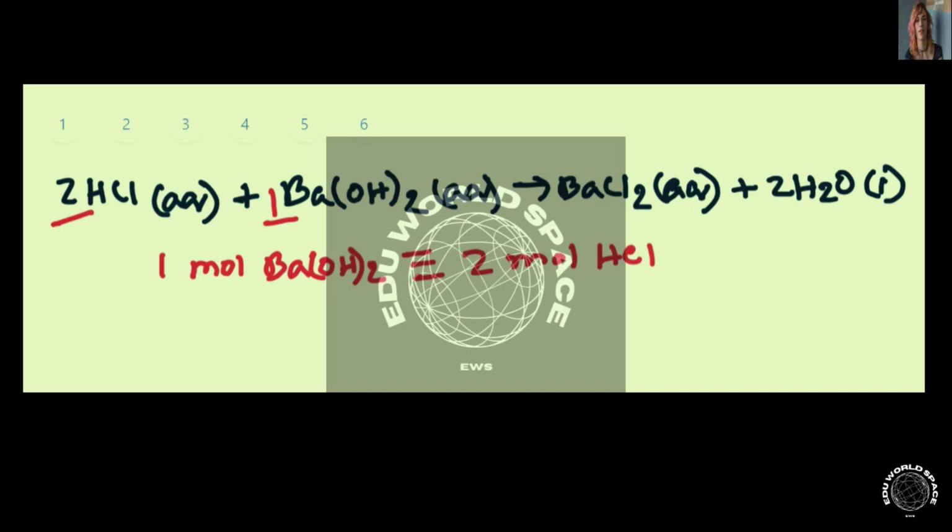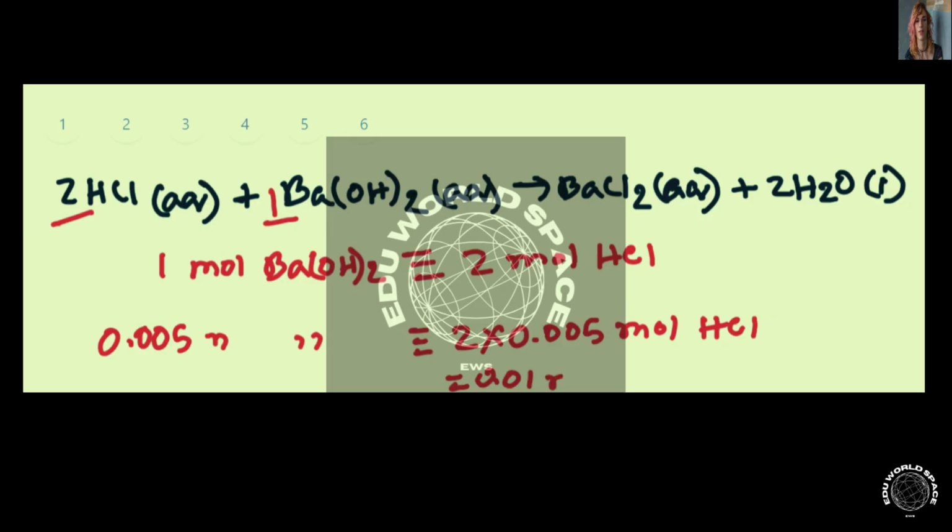That means 0.005 mole barium hydroxide will be neutralized by 2 times 0.005 mole HCl, which is equal to 0.01 mole HCl. So this is the number of moles for HCl which will be needed.